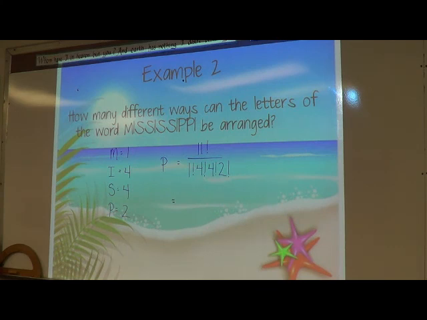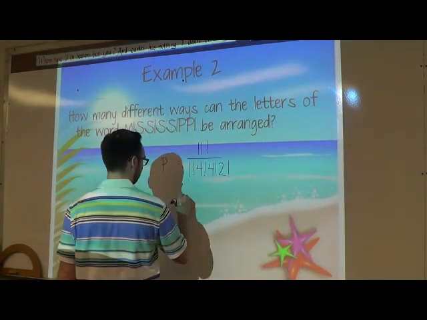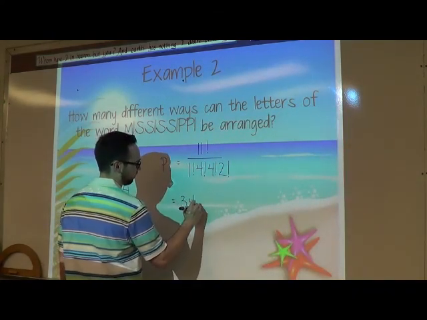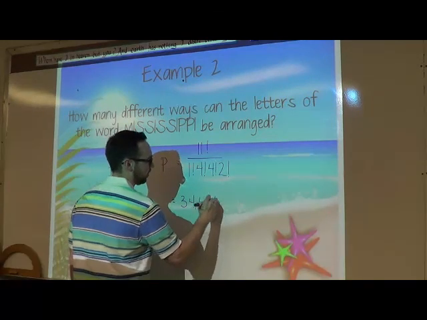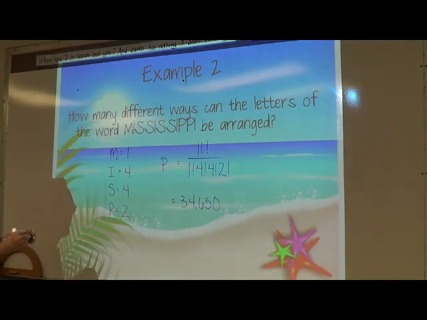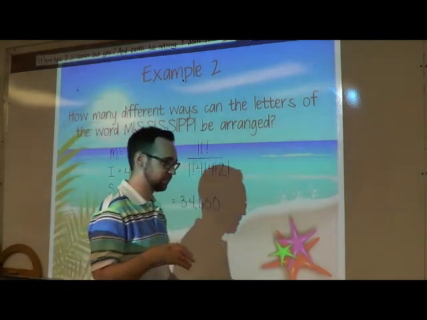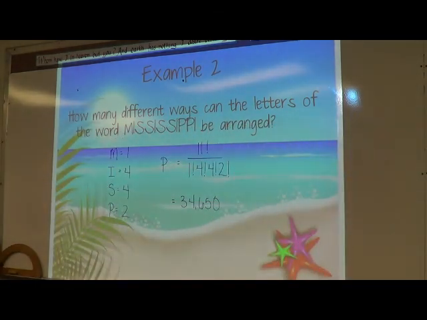So if you were to do 11 factorial divided by 1 factorial times 4 factorial times 4 factorial times 2 factorial, we end up with 34,650. So there are 34,650 different ways to arrange the letters of Mississippi, in which the order matters.